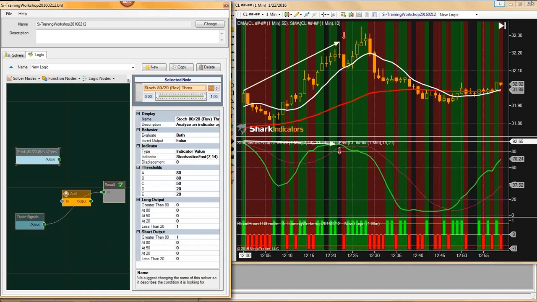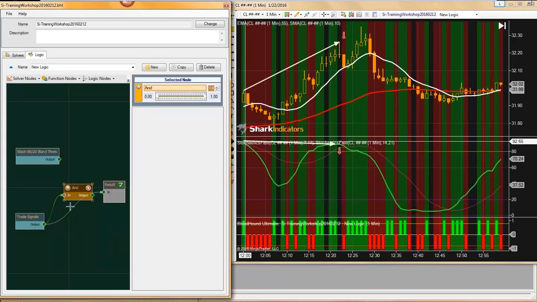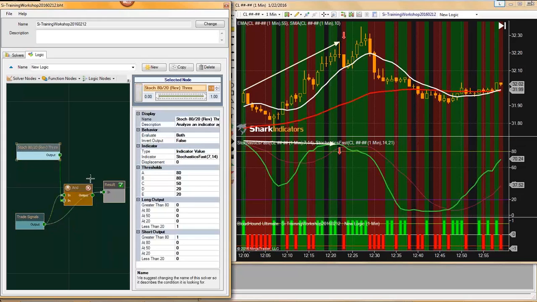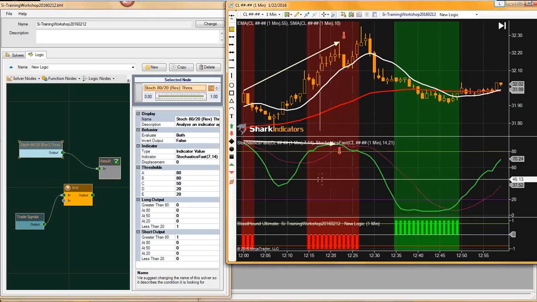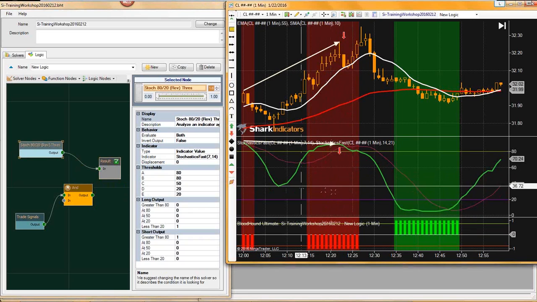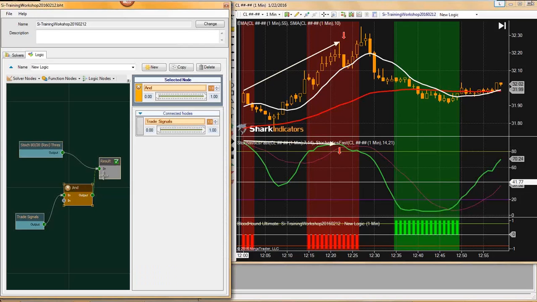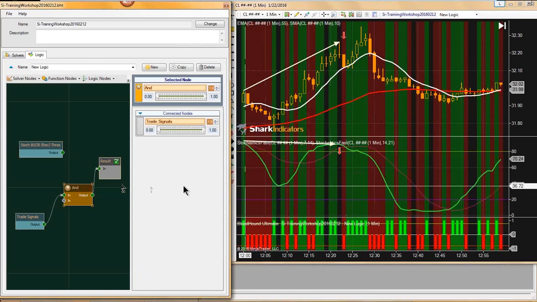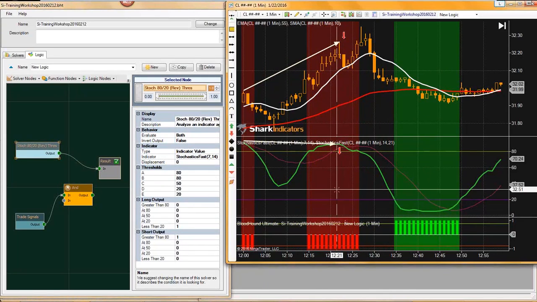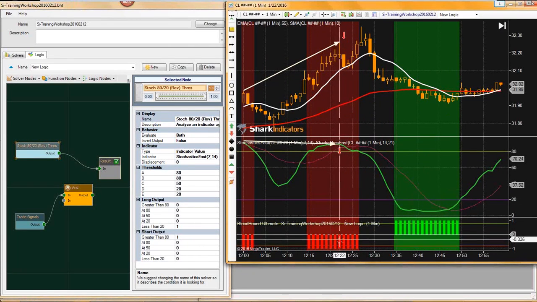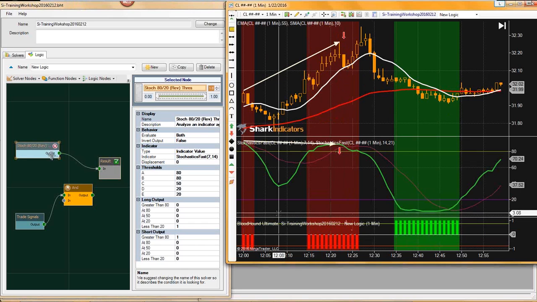The key here, once again, is to get our divergence indicator signals manipulated in a way so that this AND node will actually do the blocking. So we're going to do two things. We're going to swap the output, and then we're going to invert the output.